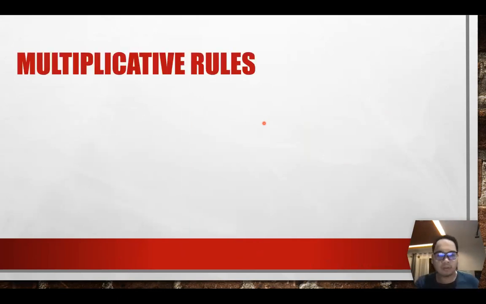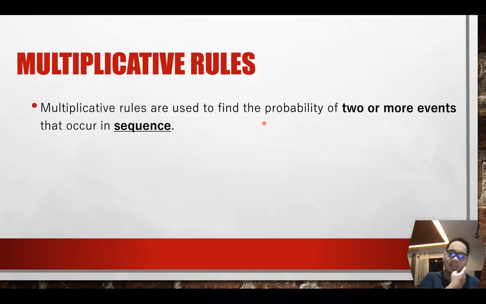So this will enter our topic in what we call multiplicative rules. They are used to find probabilities of two or more events that occur in a sequence, or they can occur all together, but mostly if they can occur together, you can imagine them to be occurring in a sequence.